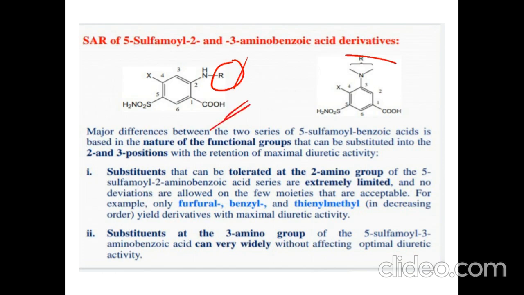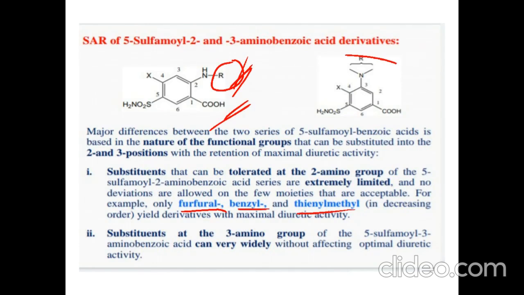So here there are only a few substitutions which can be made. Which are the substitutions? Furfuryl, benzyl and thienyl methyl. Any other substitution cannot be made on the second position amine group.